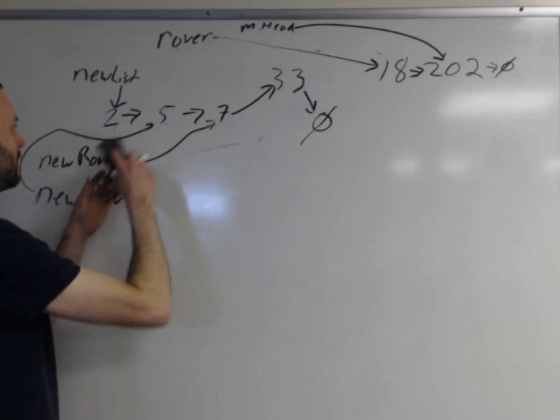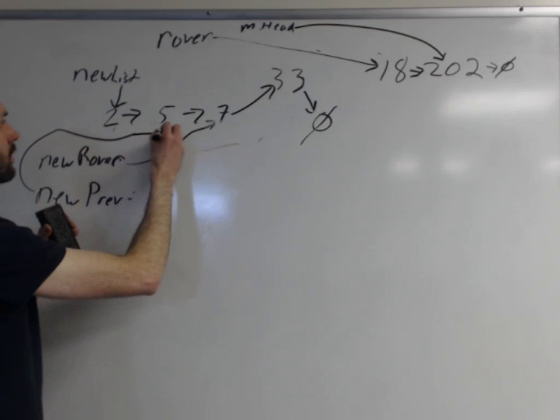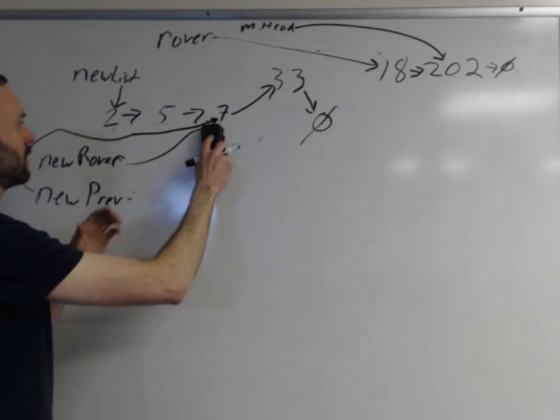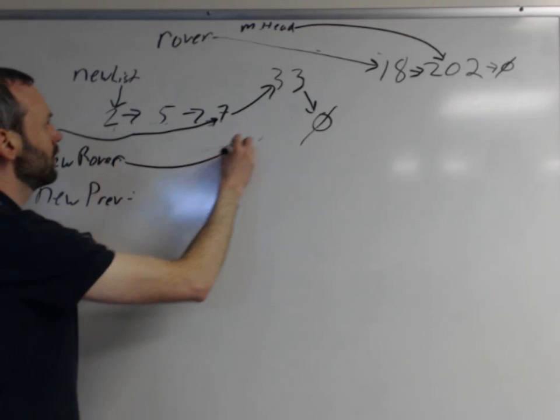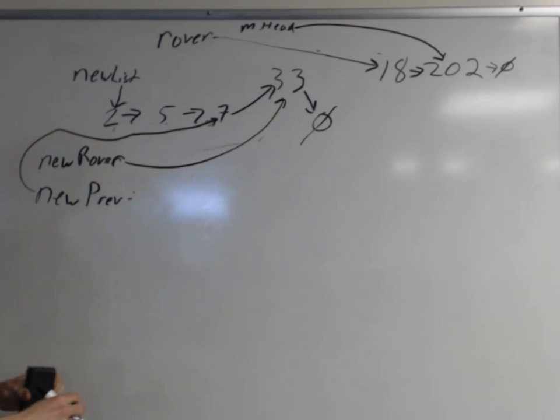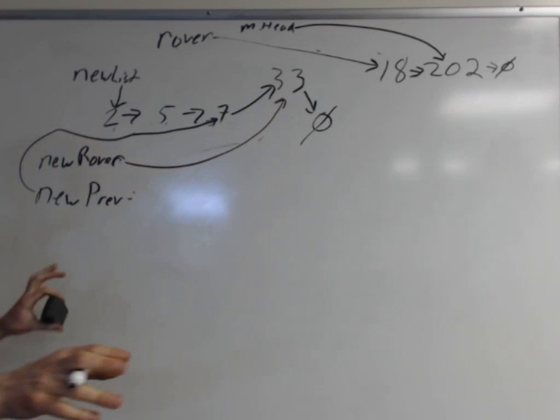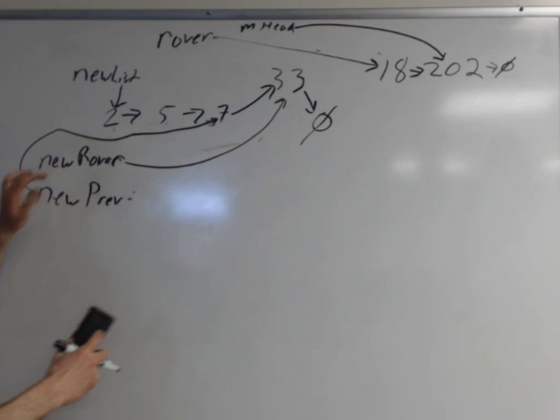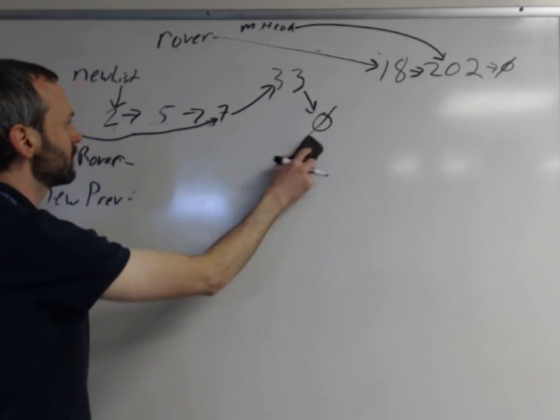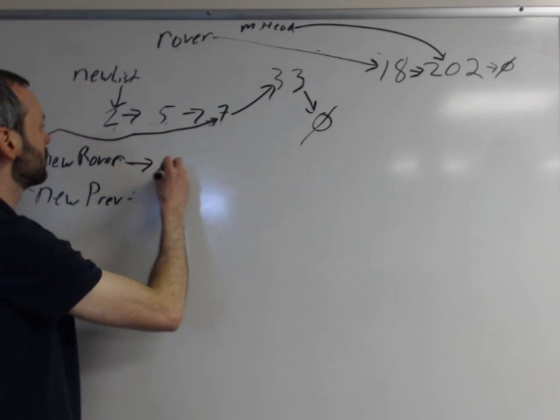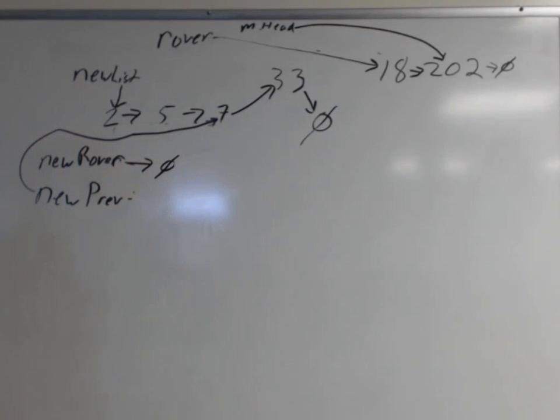Yep, so we're going to update new prev to the 7, and then update rover to the 33. Is 33 less than 18? Nope, so we don't update prev. We do increment new rover to point to null, and we're done with the for loop.